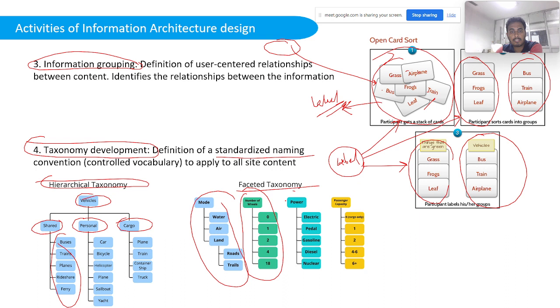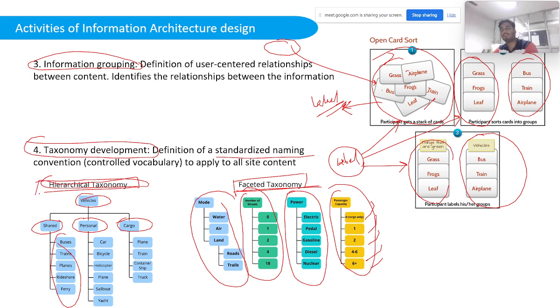This is not a single hierarchy, but multiple levels running in parallel, and below that you will have the elements. So these are different ways you can arrange the information in a website or in an interface.